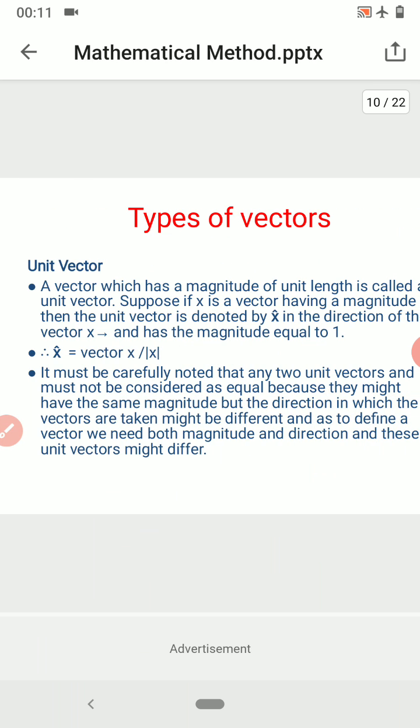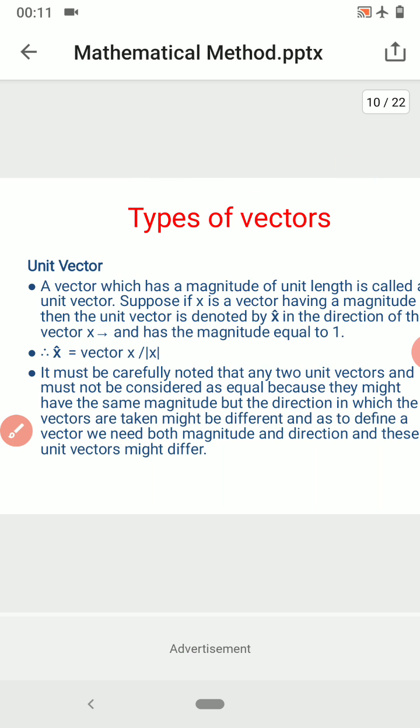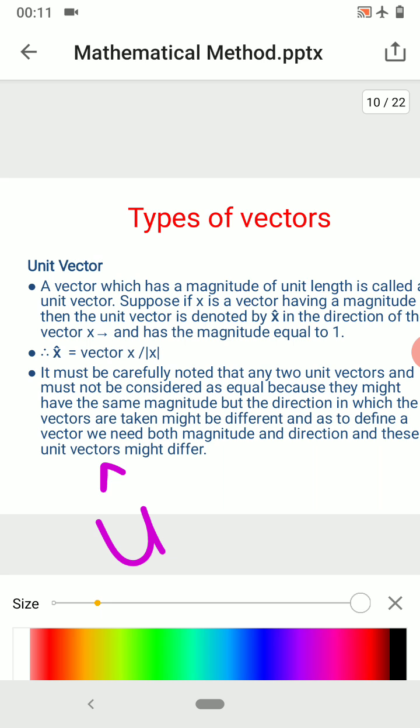Unit vector means the vector having unit magnitude, 1. Unit means 1, so only one magnitude will be there. Then that vector is called a unit vector, and a unit vector is denoted like that. So if you have a vector u, then its unit vector is shown like that. That symbol is called a cap.